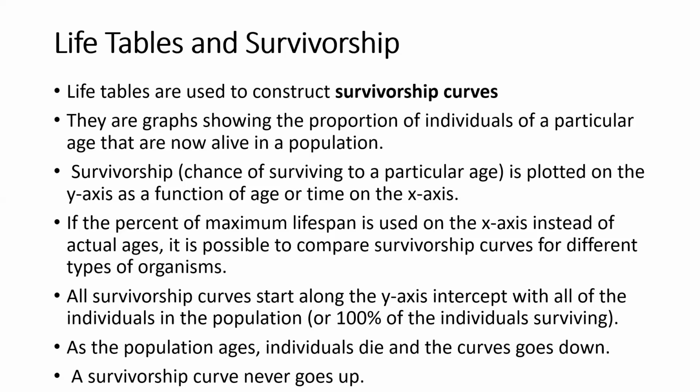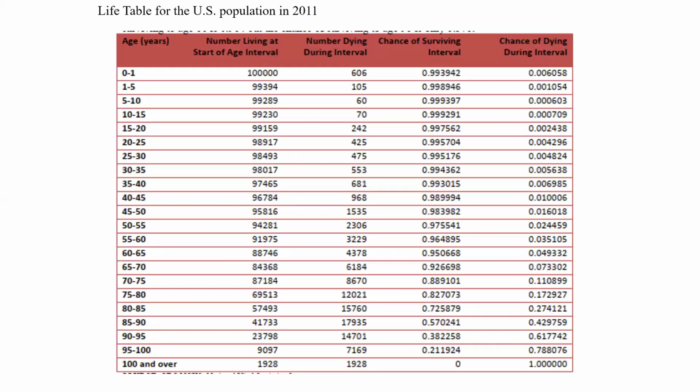The y-axis intersects with all of the individuals in the population, or 100% of the individuals survive. As the population ages, individuals die and the curve goes down. The survivorship curve never goes up. It always goes down. Right.